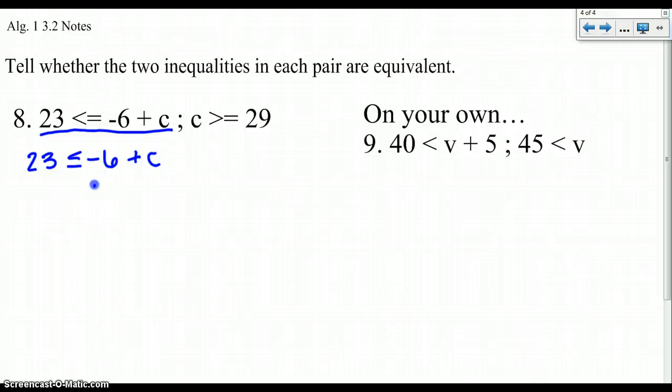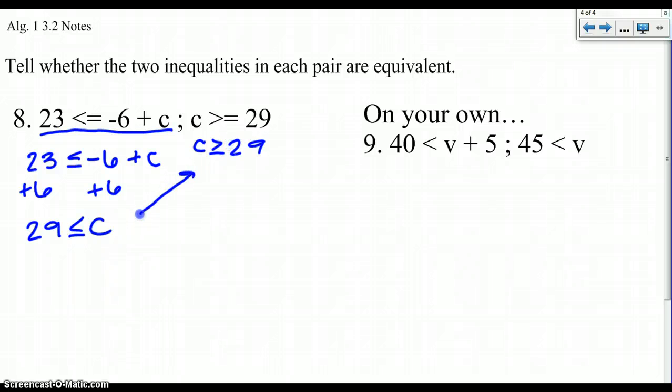What we need to do is add 6 to both sides to get 29 is less than or equal to c, and this one is c is greater than or equal to 29. And if you look, they are the exact same thing. So yes, they are equivalent.